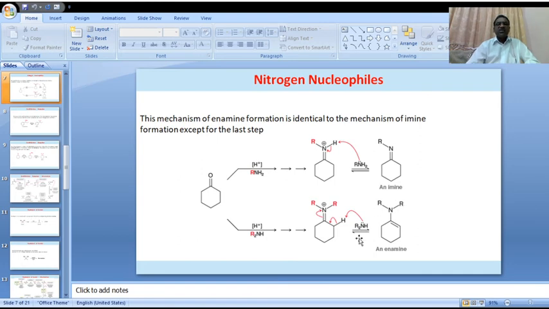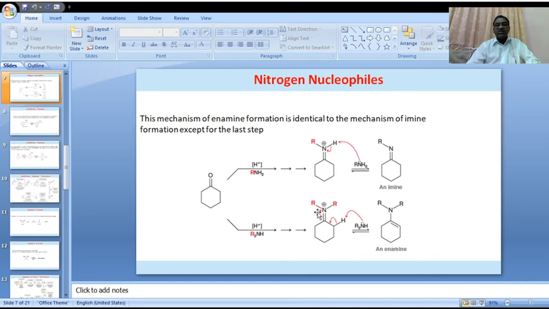But with the use of secondary amines, the last step is different. That particular secondary amine abstracts hydrogen from the adjacent ortho carbon. Is it clear?